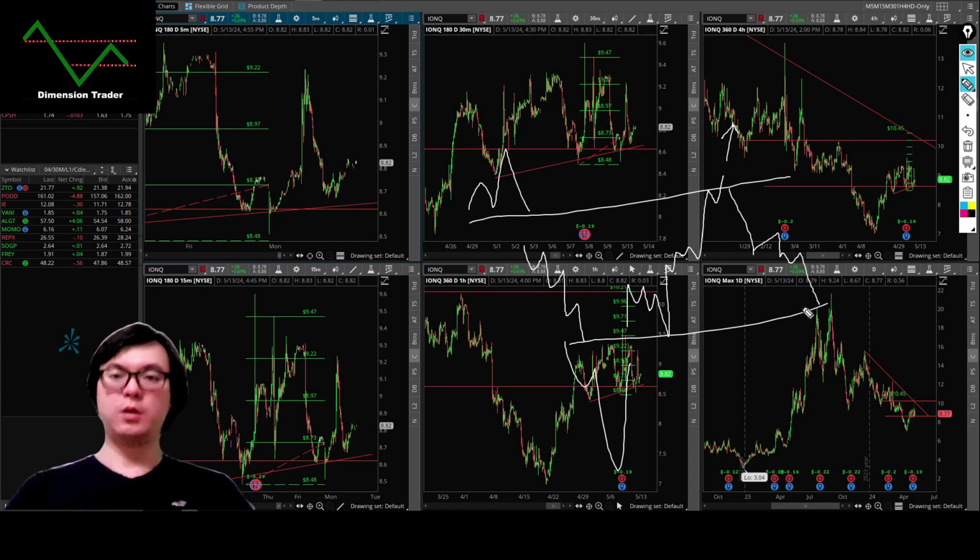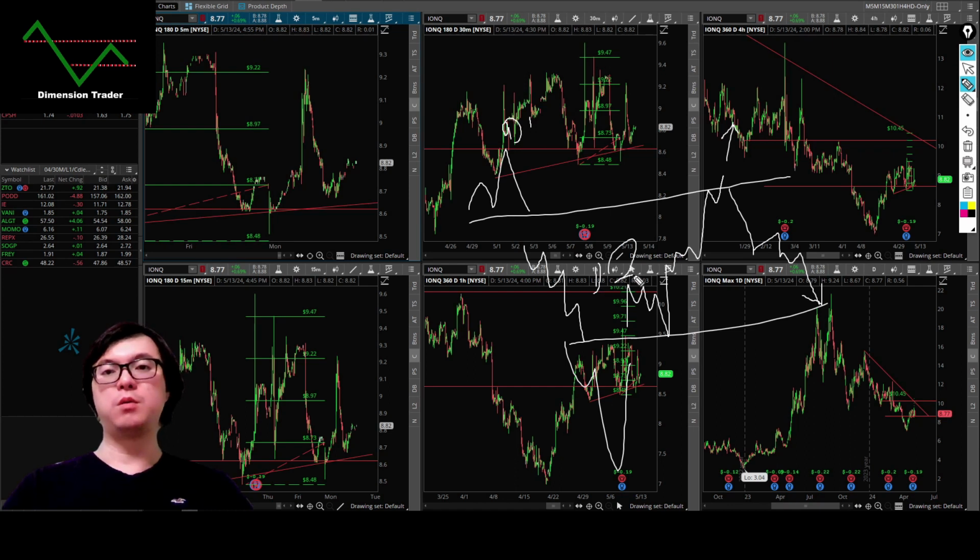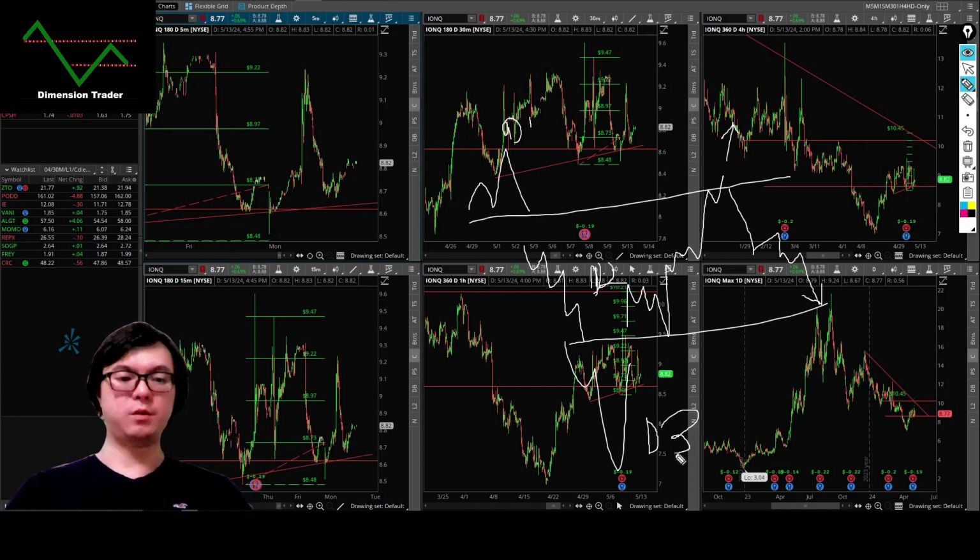So this is going to be our dimension 1, dimension 2, which is going to be on the middle of the continuation area, and the dimension 3 is going to be our bottom.